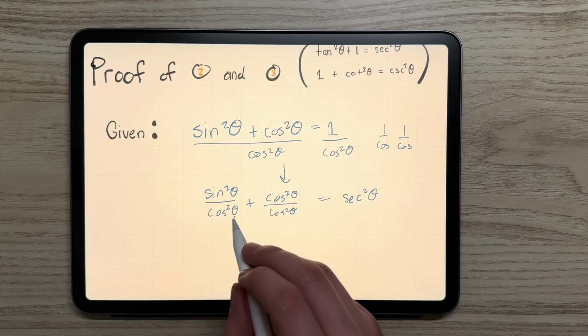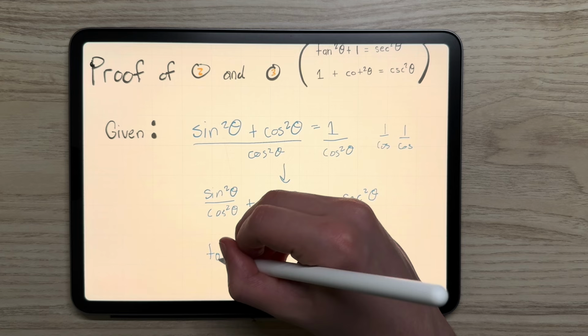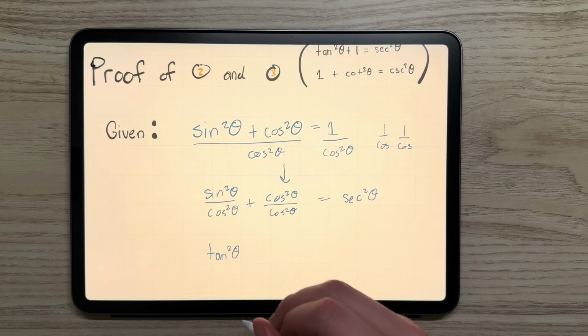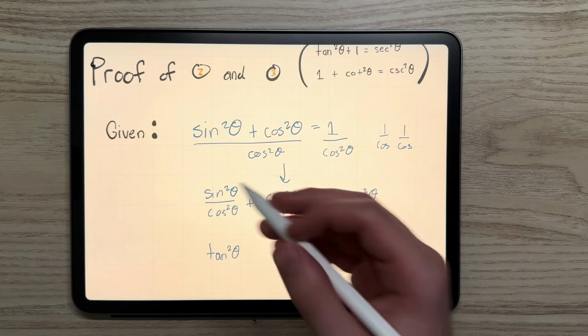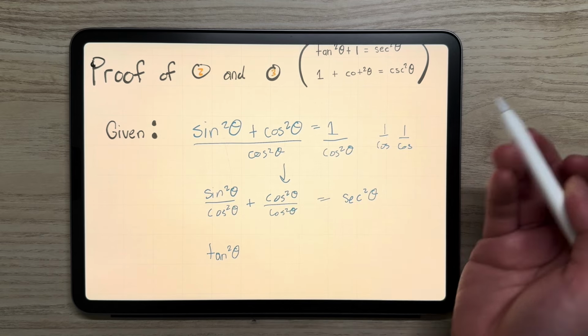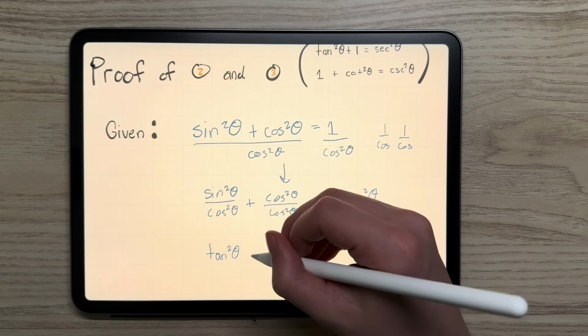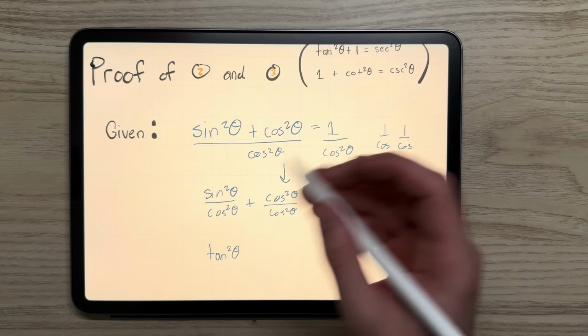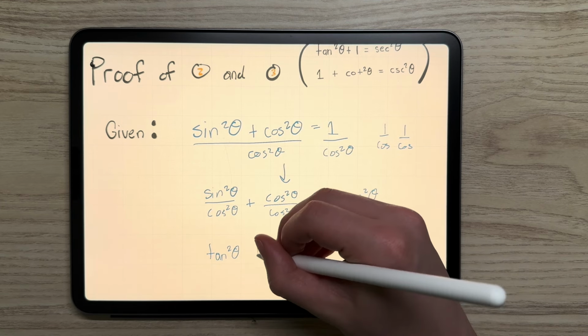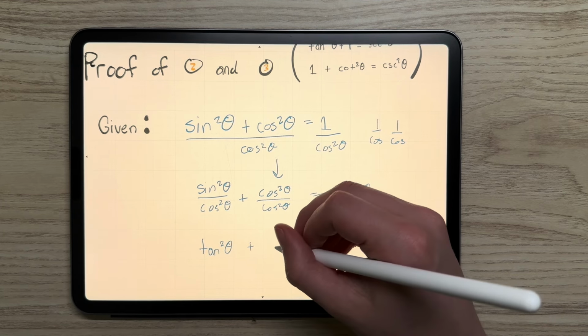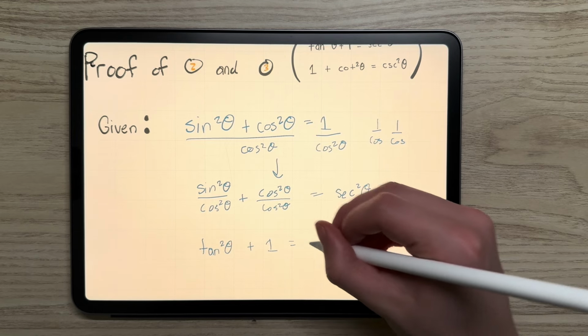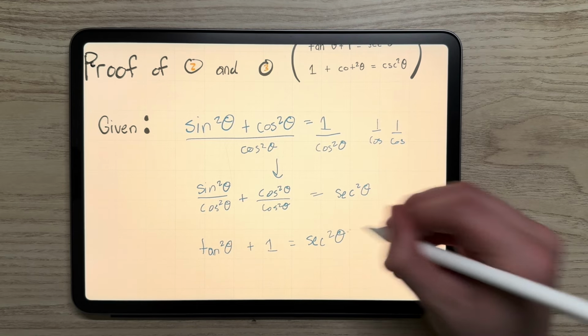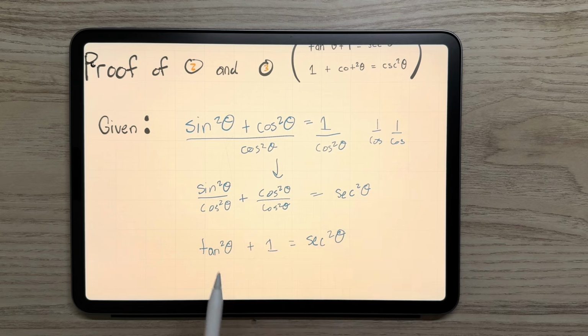Sine squared theta over cosine squared theta is equal to tangent squared theta. So that's quotient because it's the quotient of two things, namely sine and cosine. And since it's squared on both, it's going to be squared for tangent. Cosine squared over cosine squared is 1. And now we're left with the second identity.